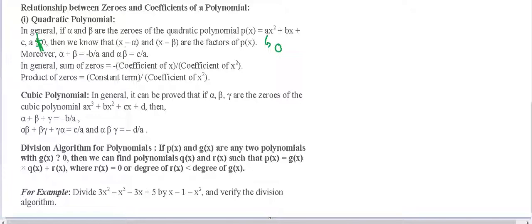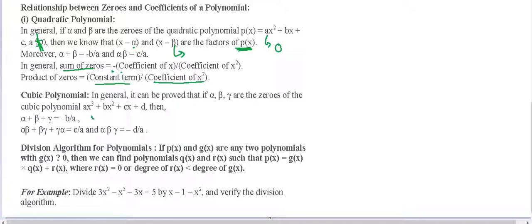Then we know that x minus alpha and x minus beta are the factors of p(x). These are the factors and these are the zeros. Moreover, the sum of zeros is equal to minus the coefficient of x divided by the coefficient of x square. Similarly, the product of zeros will be the constant term upon the coefficient of x square.